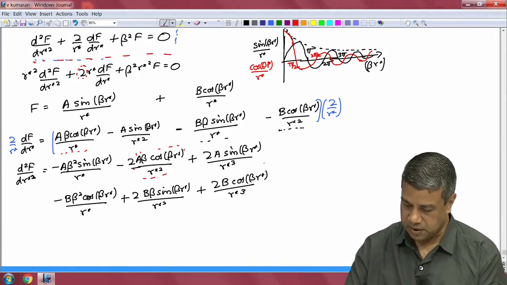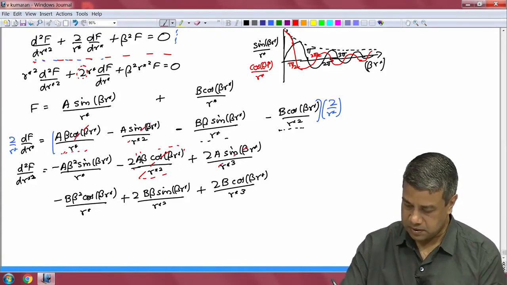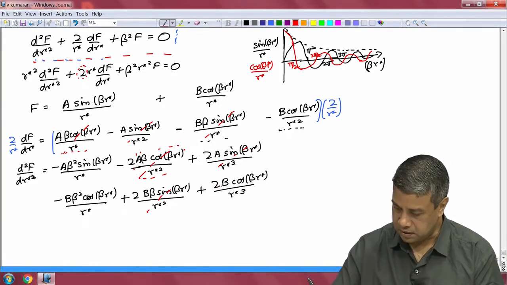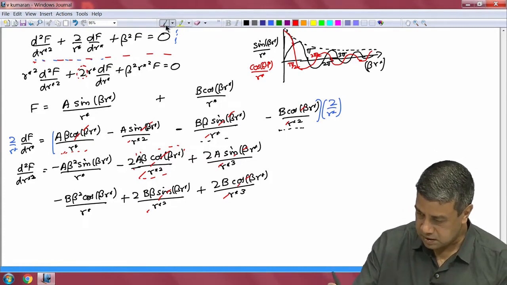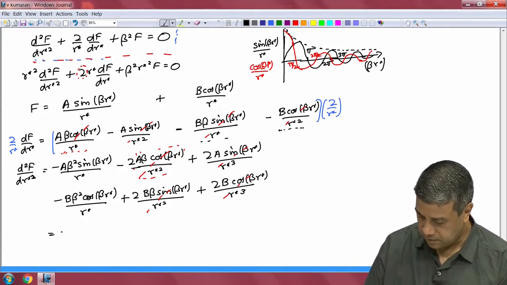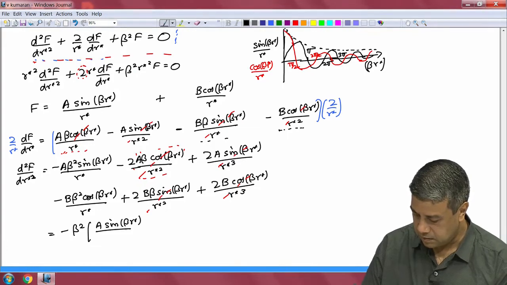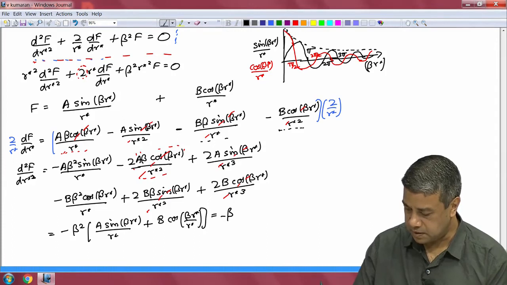If I multiply by 2 by r, this will cancel out with this one, this one with this one, and this last term will get cancelled out with this one, leaving me in the end with minus beta square into a sine of beta r by r plus b cos of beta r by r, which is minus beta square f.